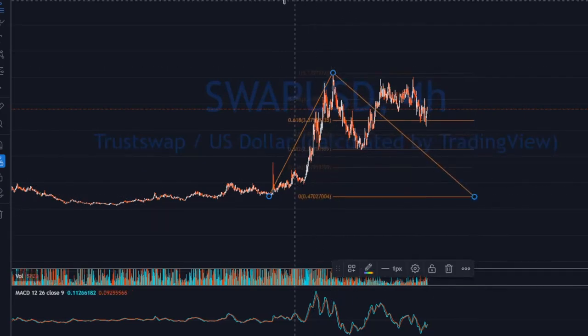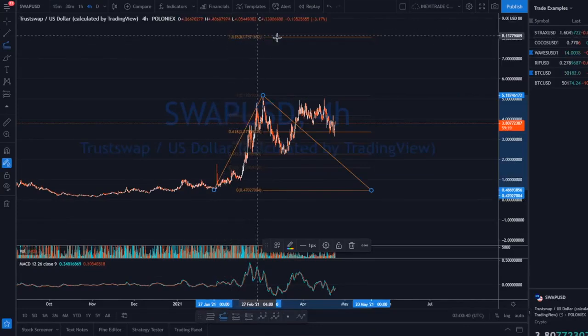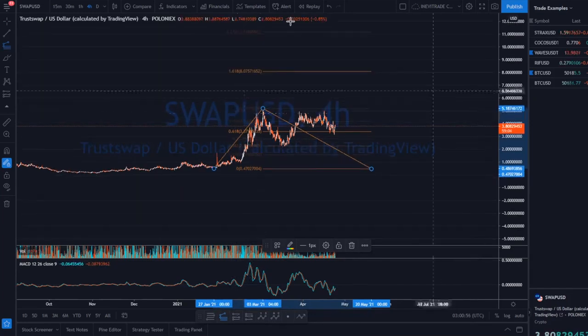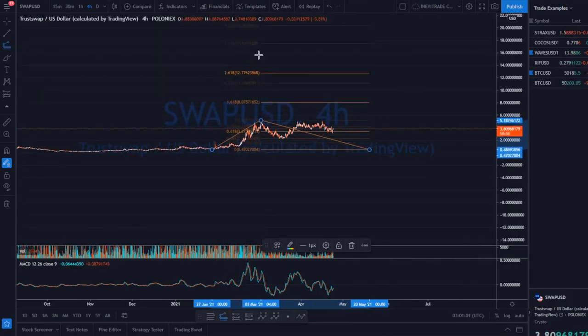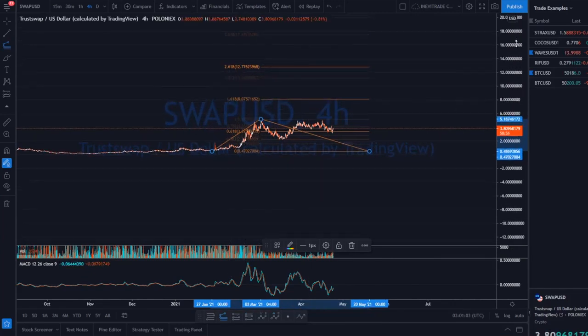So you can see right here we have the 161.8 level. This could potentially be the level for the fifth wave pattern if swap USD continues to move higher. So this is a very reasonable level for price projections that we'll learn about a little bit later. But basically this is allowing us to use 161.8 levels and then the 261.8 levels and so on up the multiple chain.